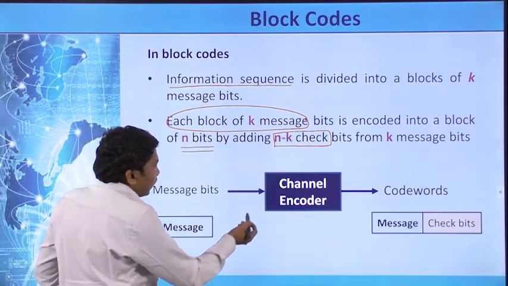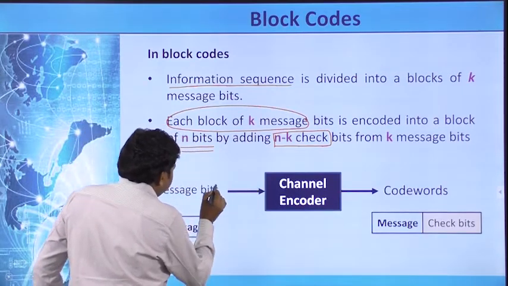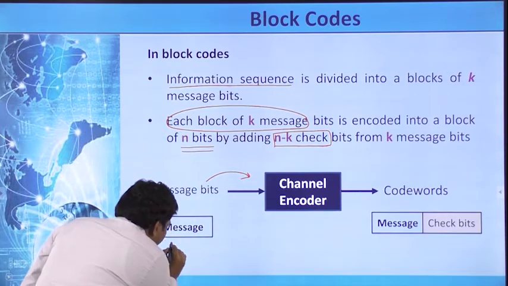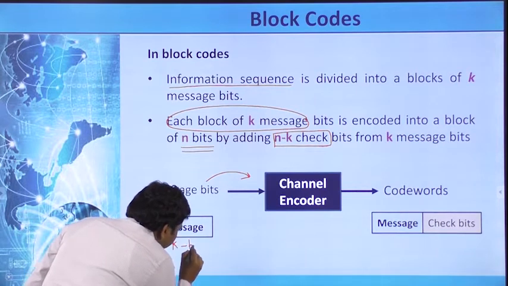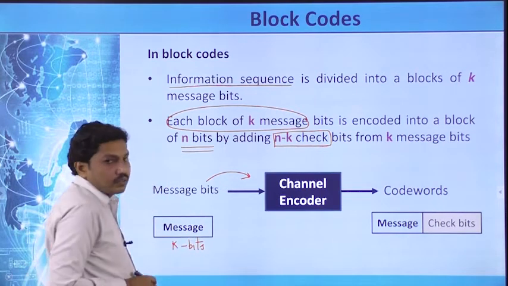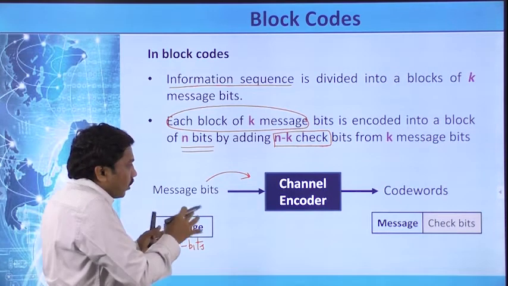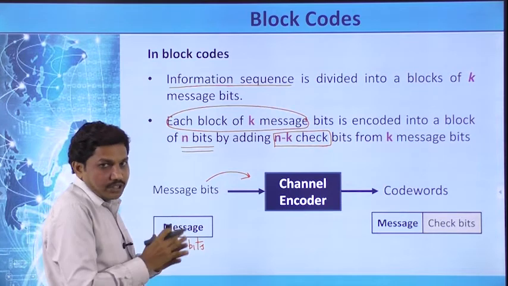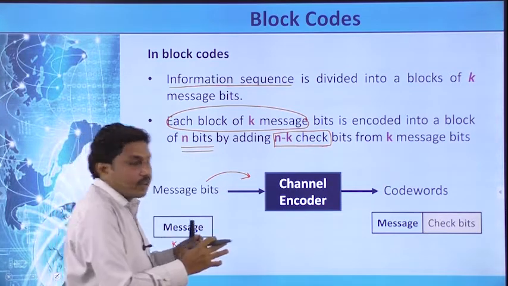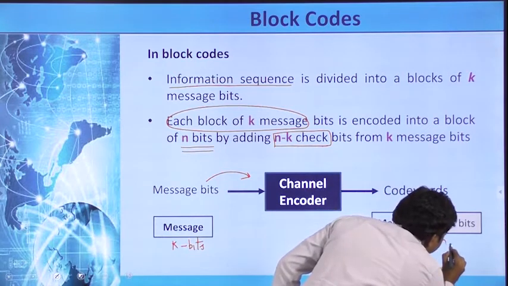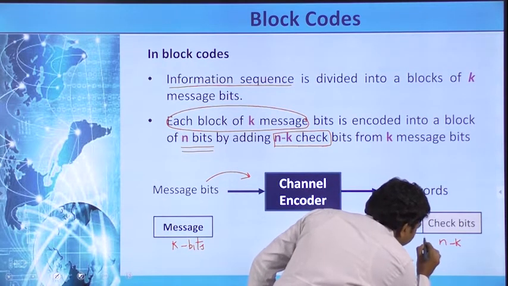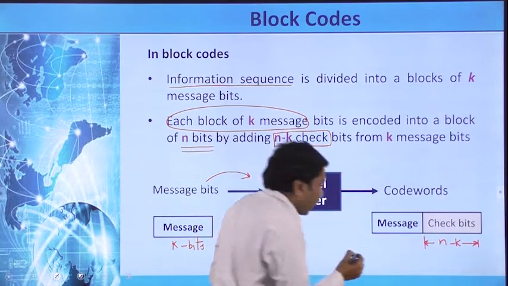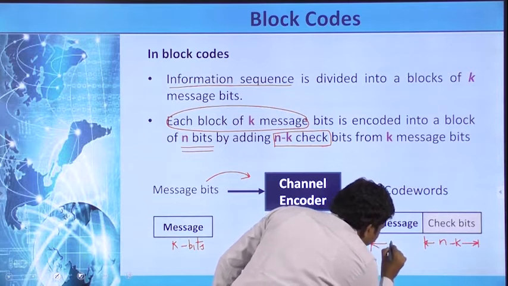The input of the channel encoder is nothing but the message bits, right? The length of each message is k bits. The channel encoder adds some extra bits. Those bits are called check bits, right? So the channel encoder adds n minus k check bits, and the remaining are the message bits.